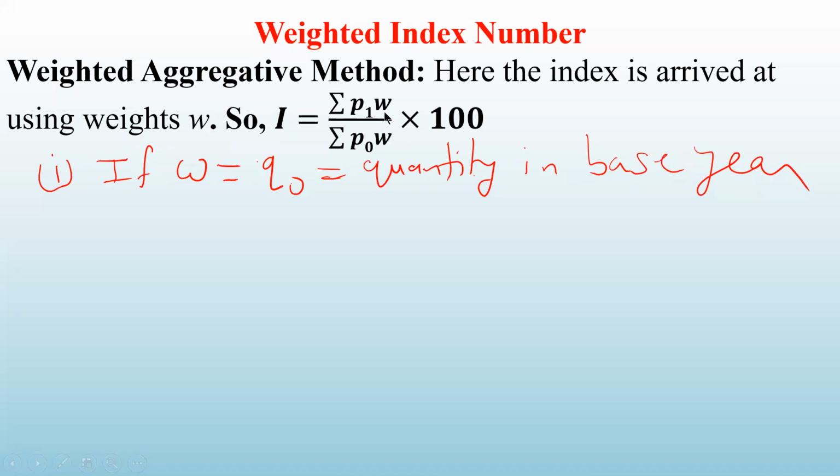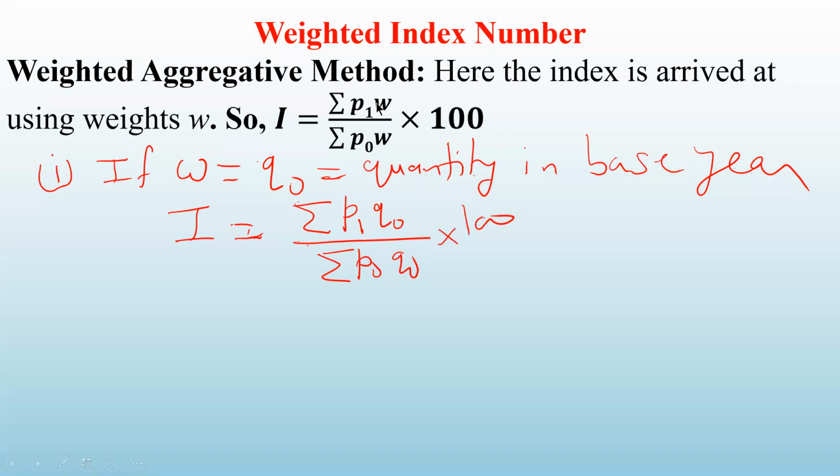So if I take W equal to Q0, then the index number will be summation P1 into Q0 divided by summation P0 into Q0 into 100. This index number is called Laspeyres' index number, and it is denoted by IL, L for Laspeyres.